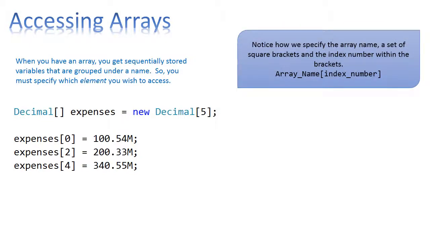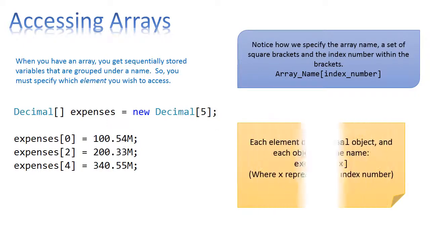Notice how we specify the array name, a set of square brackets, and the index number within the brackets to refer to a specific element. Keep in mind that each element is still a decimal object, and each object, if you think of it this way, has a name, which consists of the array name, the square brackets, and the index number.